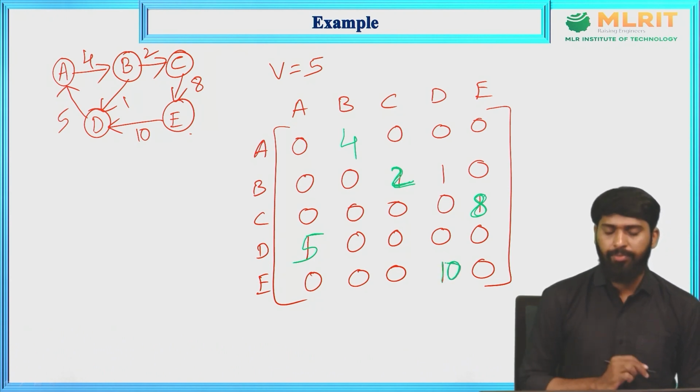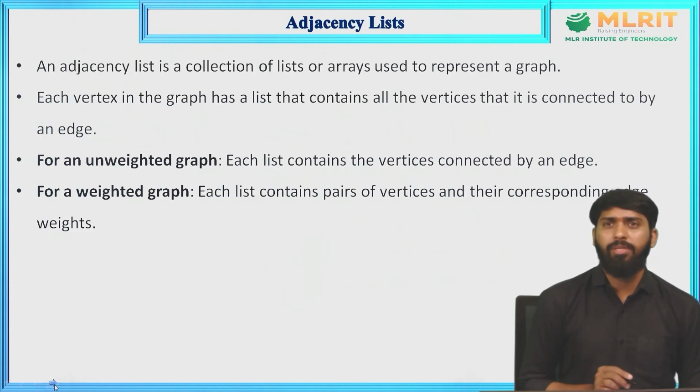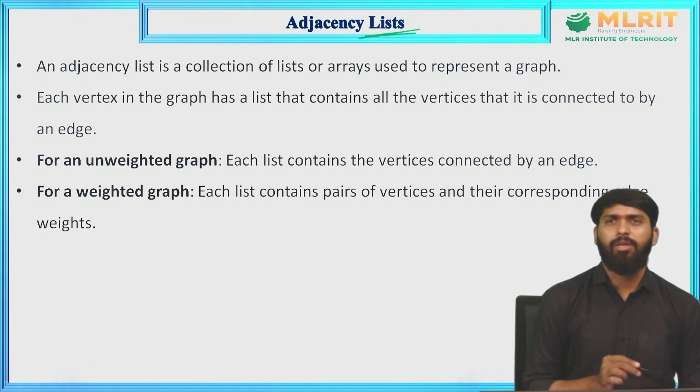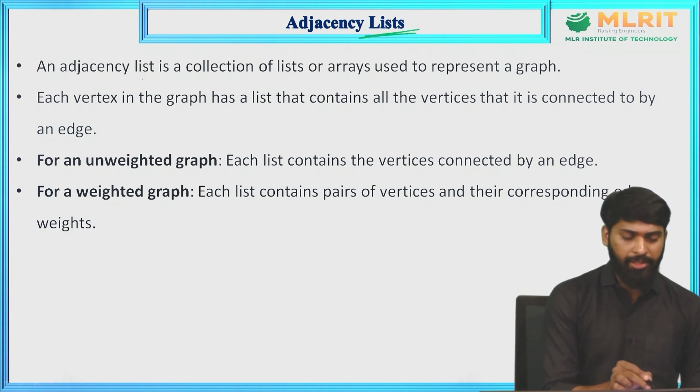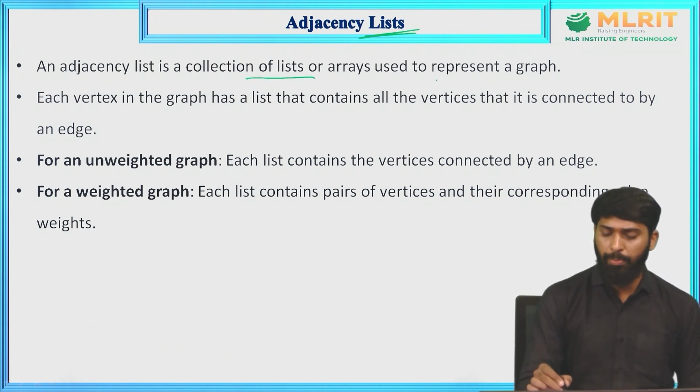Okay. So this is how we represent a graph using adjacency matrix. The second way to represent a graph is using adjacency lists. That means by using linked lists, we represent a graph. An adjacency list is a collection of lists or arrays used to represent a graph.